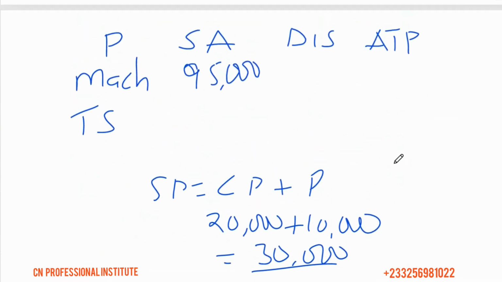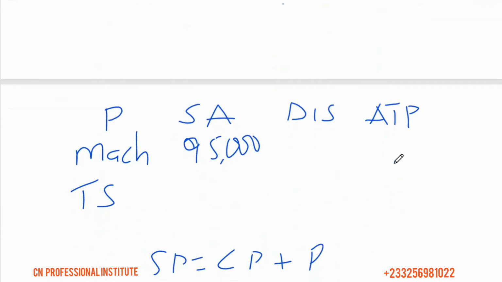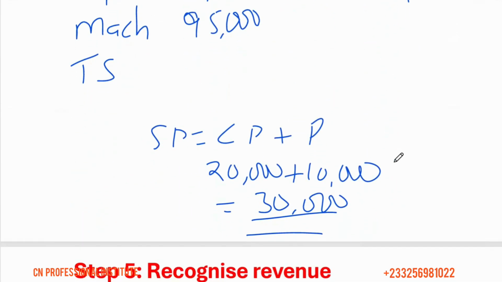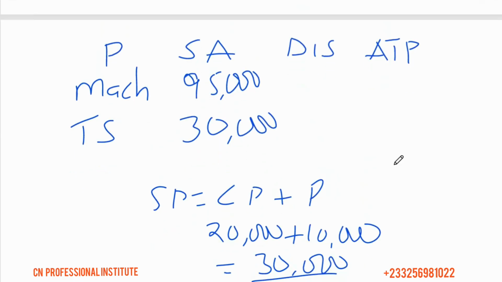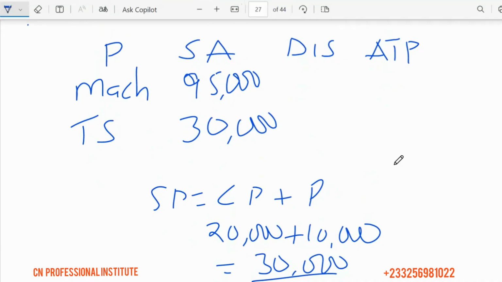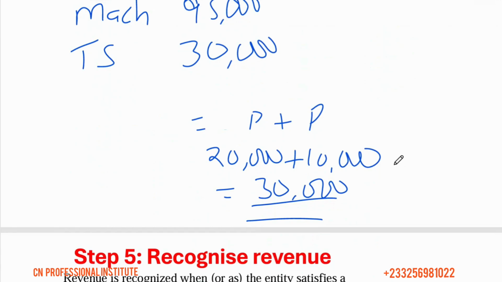The question gave us 20,000, but that is the cost price, not the selling price. So technical support sells alone for 30,000, and that's the standalone selling price for technical support. Let me wipe this one. I want us to work everything here. There's a complication here.